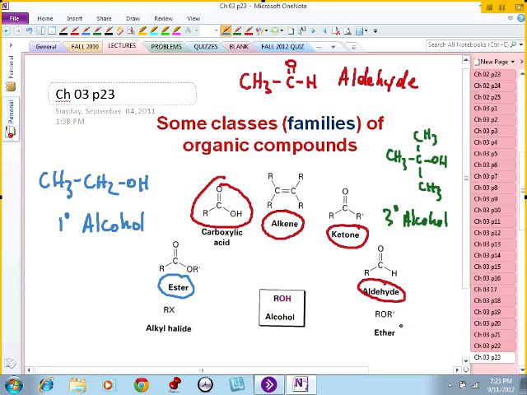Okay, so now we also have what we call the ether. In the ether, you have oxygen attached to 2 carbon atoms. We call that an ether. In which case, for example, this would be an example of an ether, in which you have oxygen attached to 2 carbon atoms. And finally, on this slide, you see here, we have the alkyl halide.